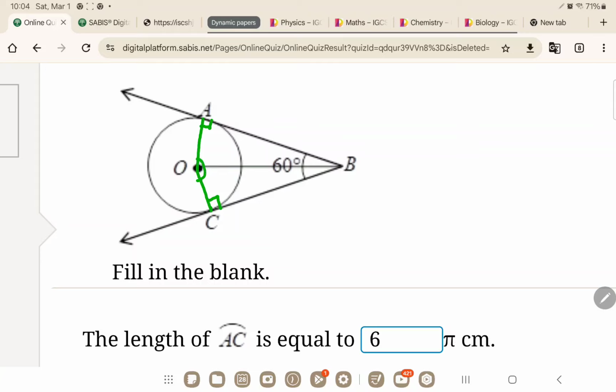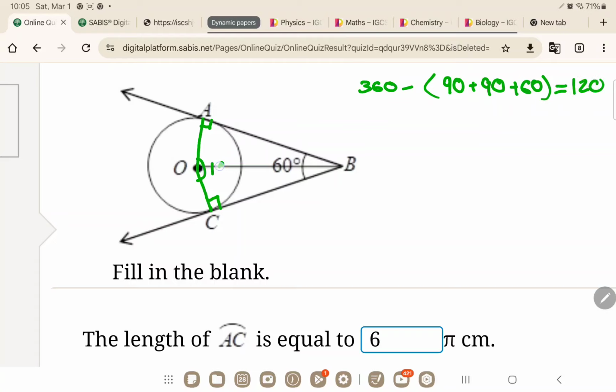We have this angle, we don't know it. We have this one's 90 and this one's 60. So we're gonna find angle O first. So angle AOC would be 360 minus 90 plus 90 plus 60. 360 minus 240 is 120.